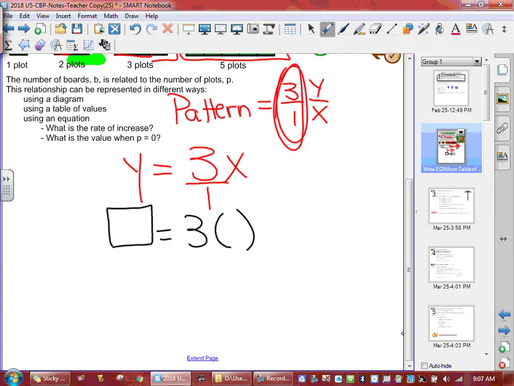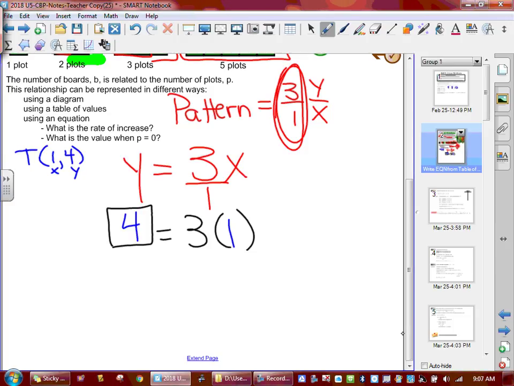My test point is at 1 and 4. That's my X, that's my Y. We're getting that from the table of values. Now I'm going to put those numbers where the X and the Y are. The Y number is a 4, the X number is a 1.